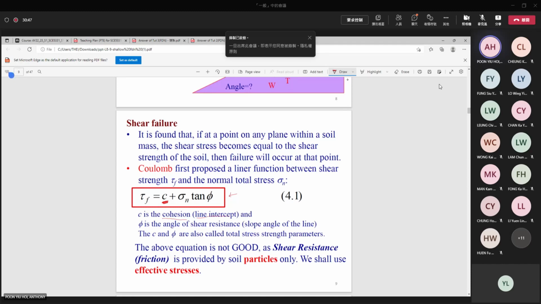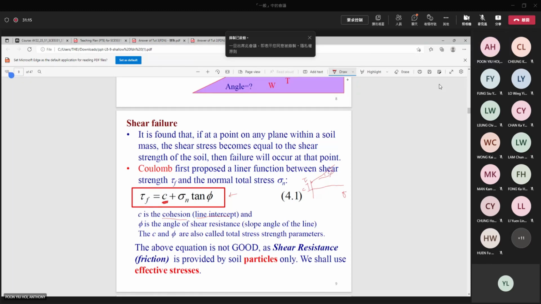So what happens is that if we plot normal stress against shear stress, in most cases we'll get a straight line. So we have an intercept, what is called an intersection, and also a friction angle.